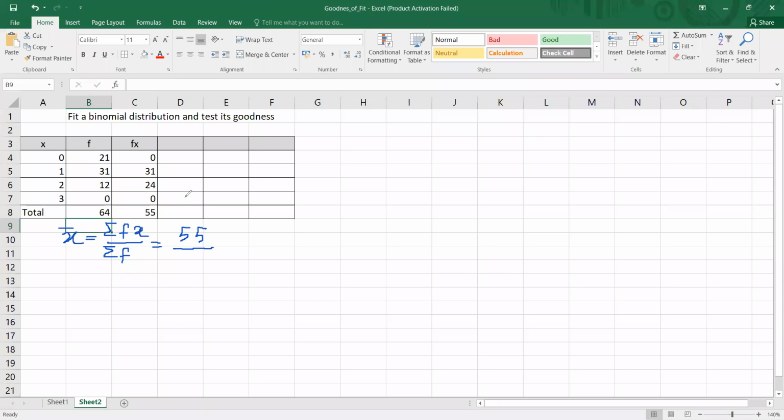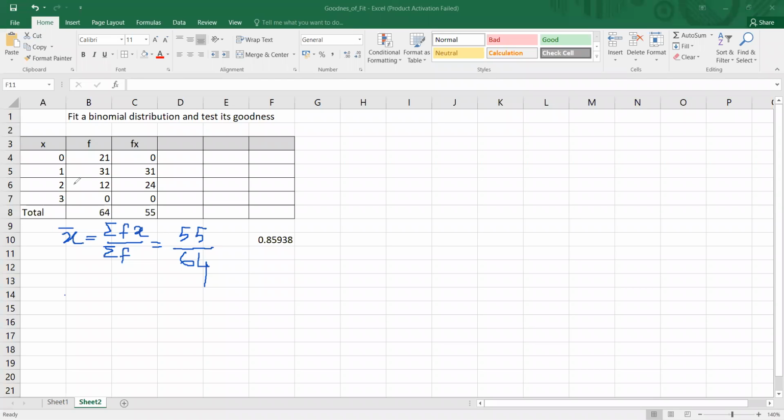We have to divide 55 by 64. The answer is 0.8593.